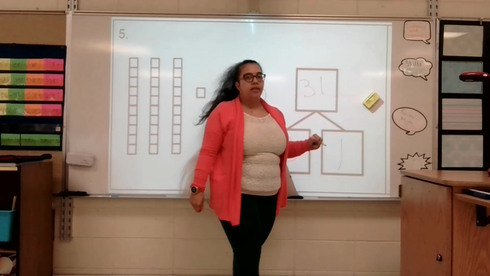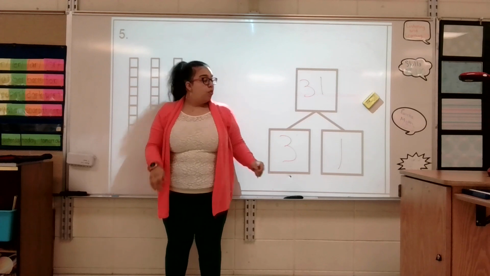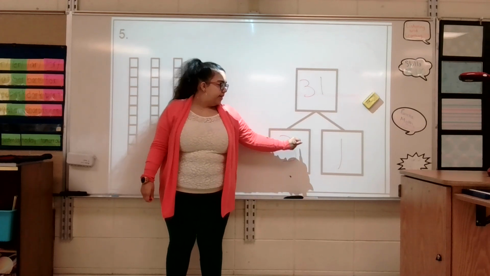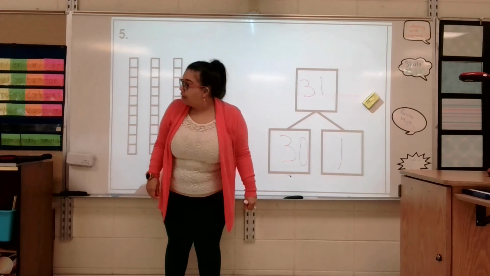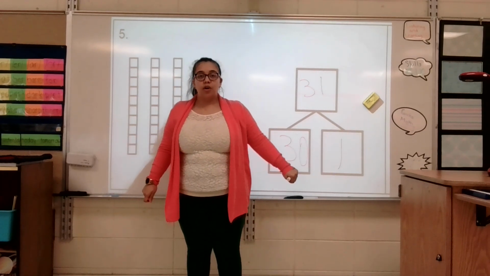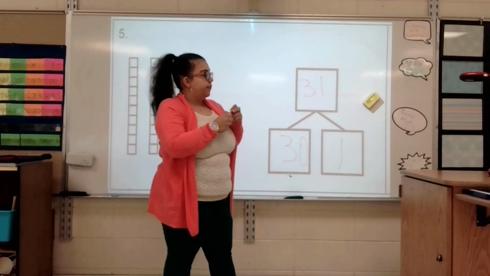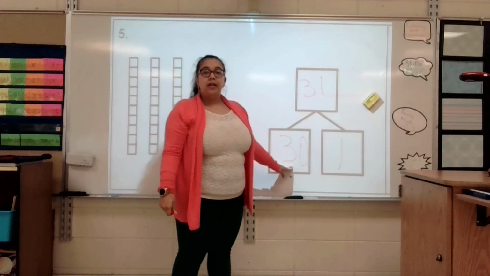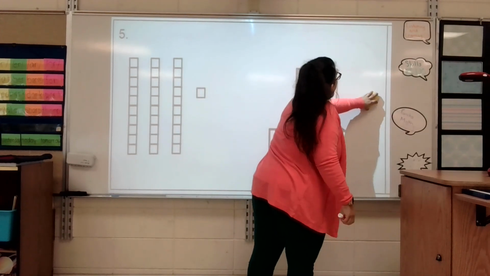Is that right? No, because 3 and 1 is 4. What we need to put, because it's a number bond, is the value of the 3 tens, which is 30. So 30 and 1, 3 tens and 1 one is 31, because that 3 you have to put in the right place so it will show the correct value. Good job.